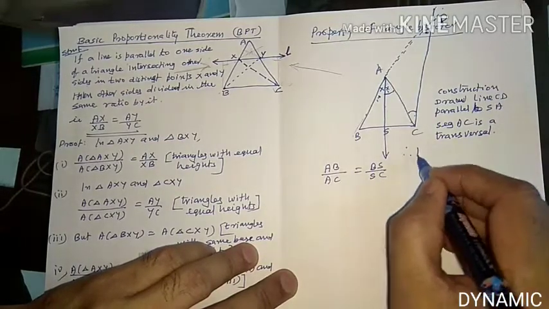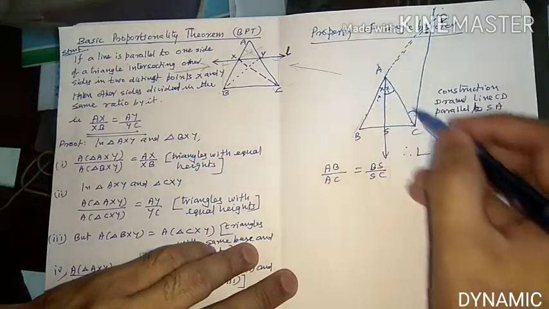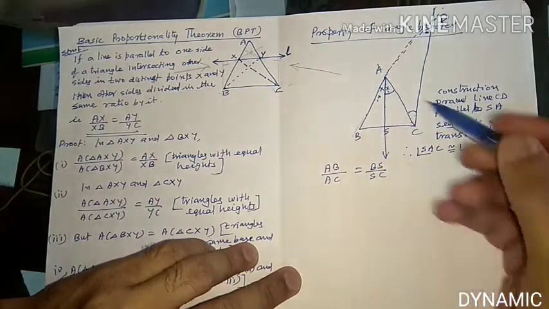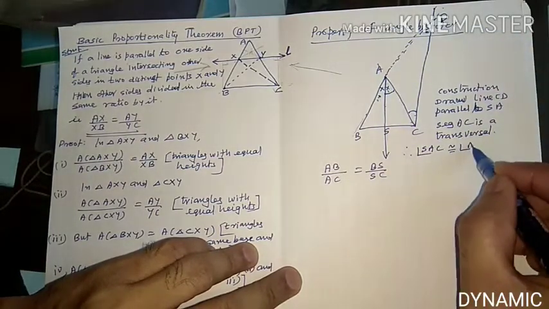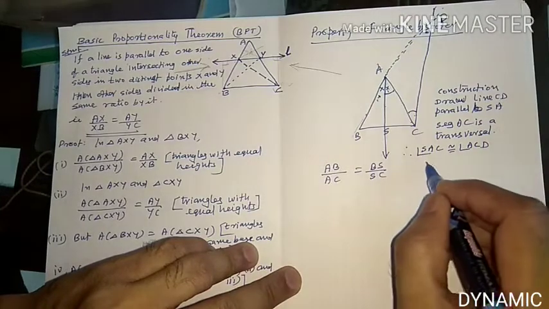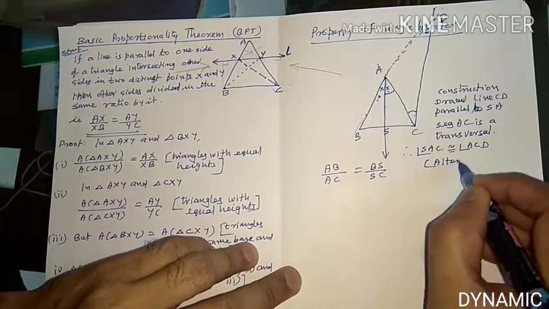Therefore, what happens? Angle SAC is congruent to angle ACD. What is the reason? Alternate angles.